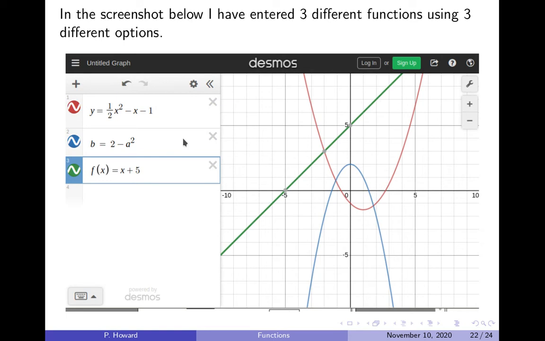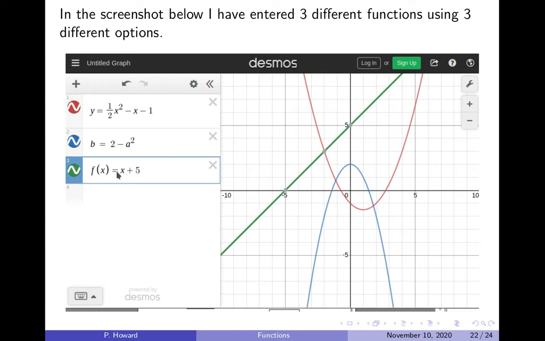But Desmos allows you to use variables other than the usual y and x. For example, in this second box, I used b instead of y and a instead of x. And I entered the equation b equals 2 minus a squared, which appeared in blue, as soon as it was entered. It's this parabolic shape in blue. And a third possibility is to enter f of x equals, and then the formula for the function.